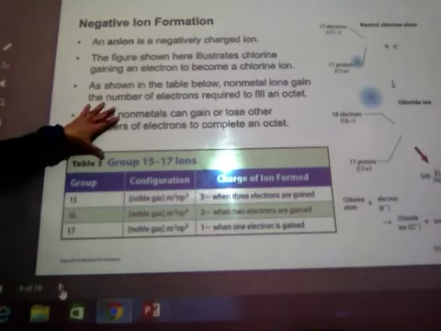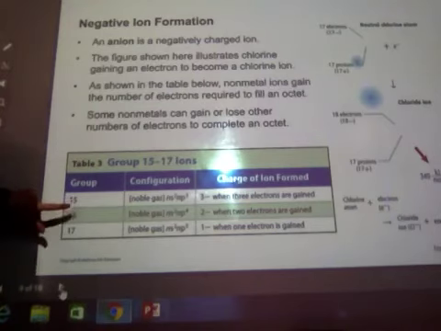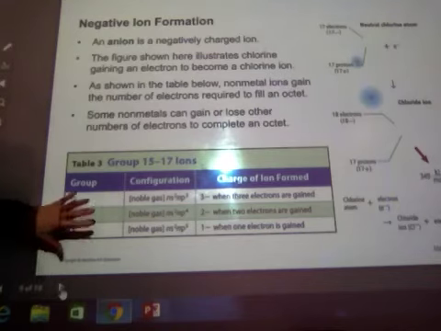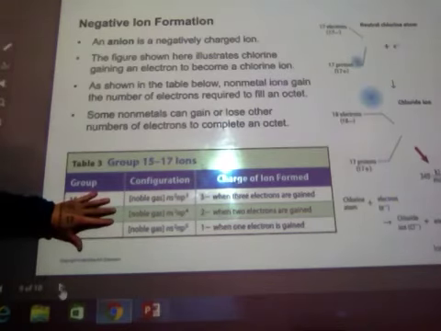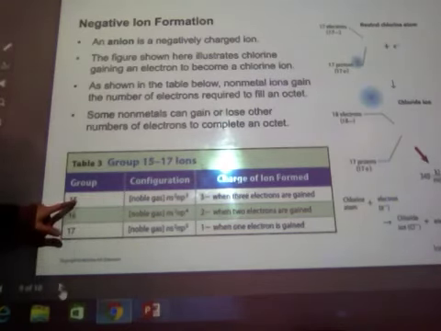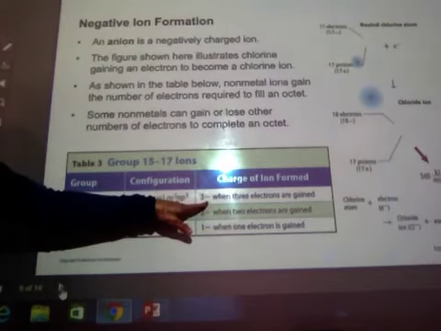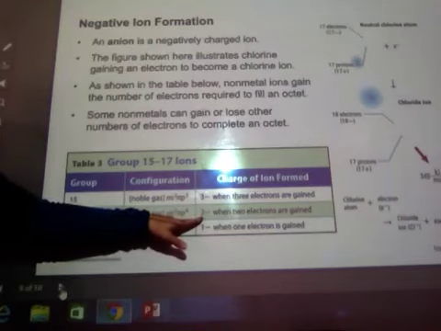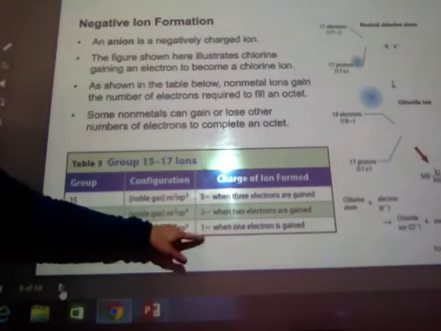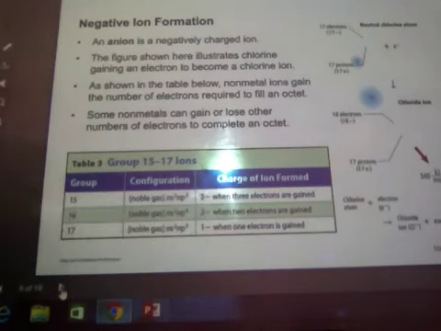Okay, negative ions. So now we're looking at group 5A, 6A, 7A, or 15, 16, 17. These are definitely going to be anions because group 15 is going to gain 3 electrons to get to 8, group 16 gain 2 electrons, group 17 gain 1 electron, and that's how you calculate that.